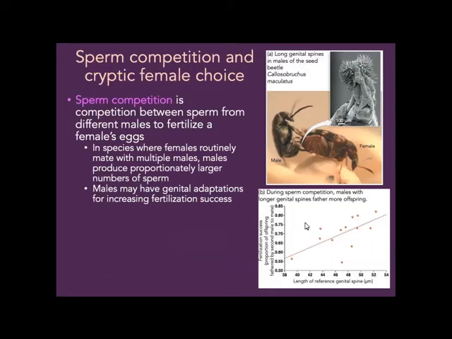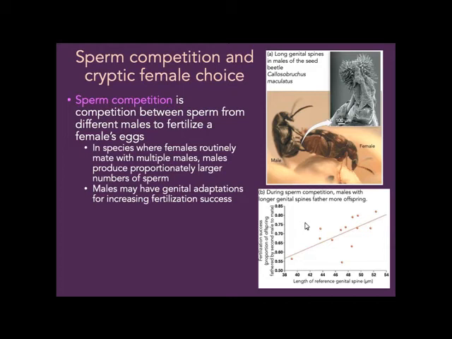All right, so sperm competition can sometimes happen. So this is competition between sperm from different males to fertilize a female's egg. So this is a form of sexual selection, where males are competing for the opportunity to reproduce with a female, right? And this happens in species where females will mate with many males.